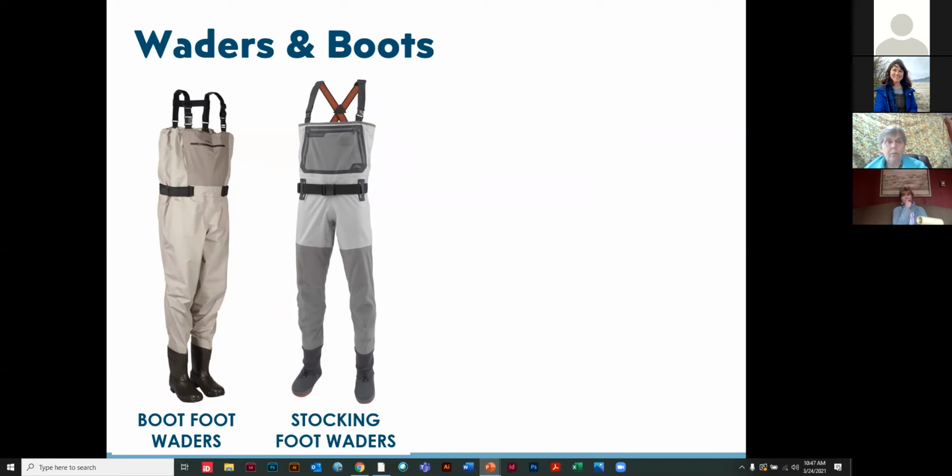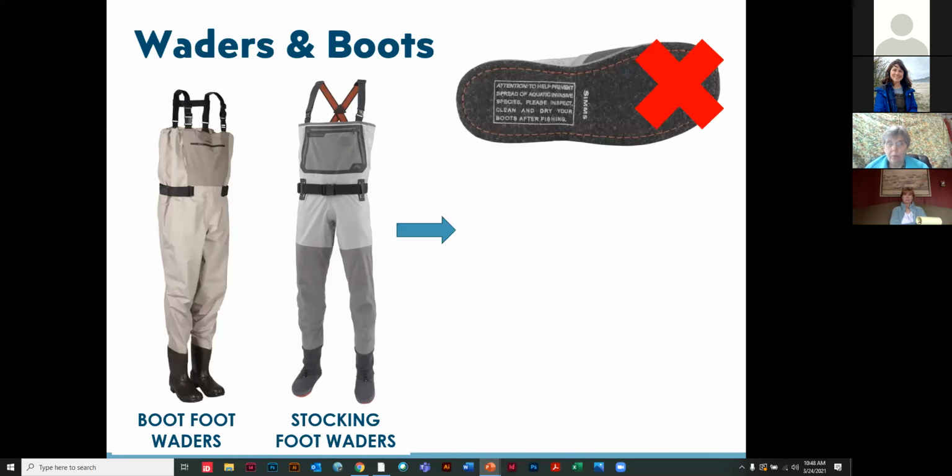But stocking foot waders can be a lot more flexible, and you can get different types of boots for them, which can be great if you're hiking into your trout ponds, right? If you're going to a remote trout pond, you're going to hike into it. You're probably not going to carry your waders with you. If you're like me, you might have hiked in your waders directly. So you can get a better boot versus walking around in these crazy rain boots.